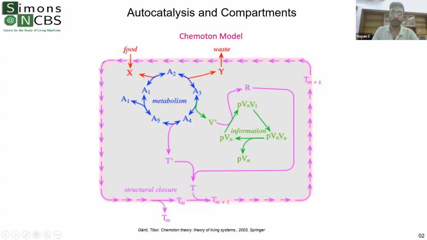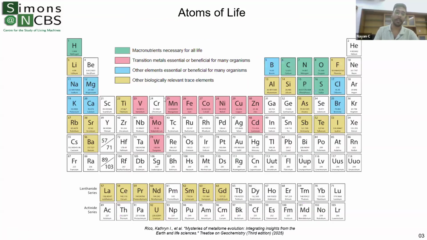Now, what is the type of food that one would like to start with? One can argue through different lenses regarding the molecules one would start with as food, but at least at an atomic level, we know more or less what most of life is made of. The elements present in green are the ones necessary for all life as we know it. The common acronym is SNOPS: carbon, hydrogen, nitrogen, oxygen, phosphorus, and sulfur are the most essential elements.